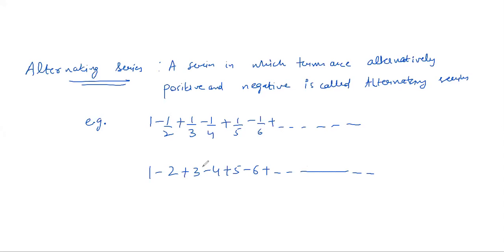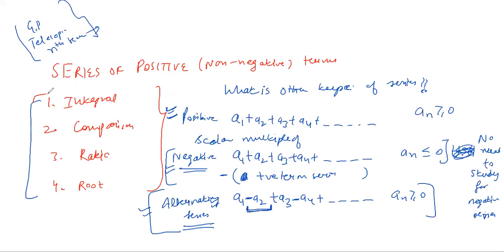Now we will be again addressing the same question. The question is still the same: convergent or divergent. So we need to look for when an alternating series is going to converge or diverge. As I told you, the tests which we have already done for positive term series will not be applicable on alternating series.